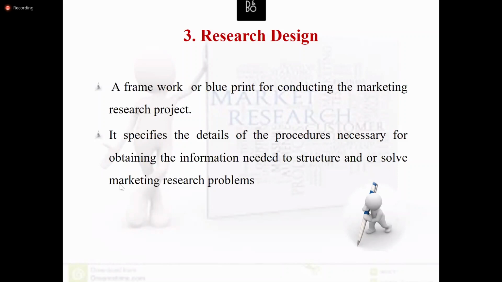distribute the questionnaire. And apart from that, what sort of analysis are we going to carry out? There you would have studied univariate analysis, bivariate analysis, multivariate analysis, isn't it?